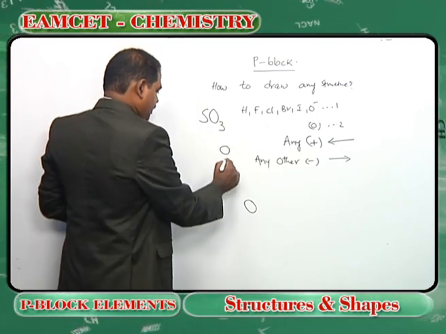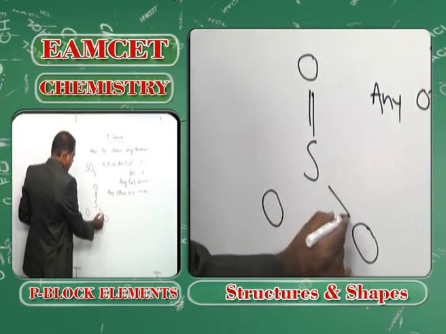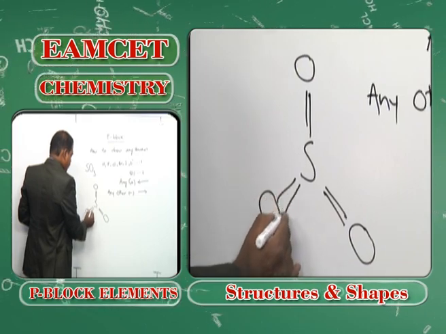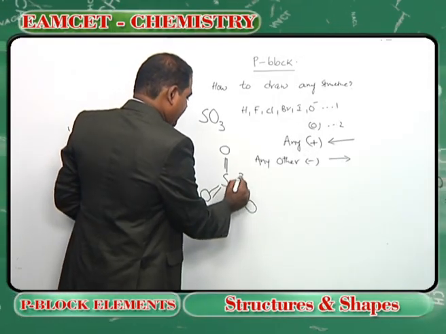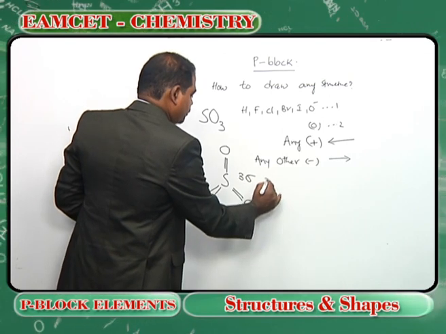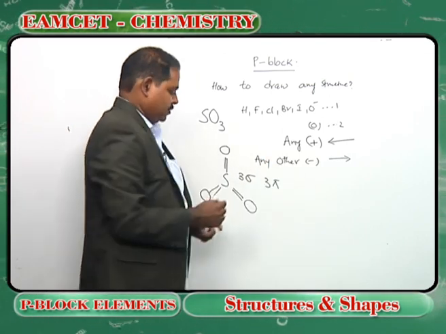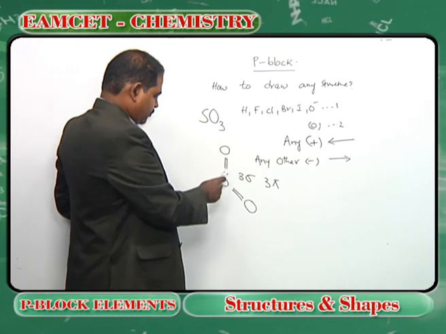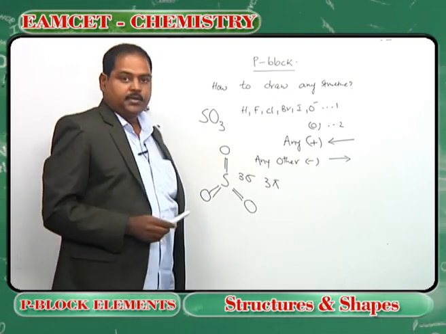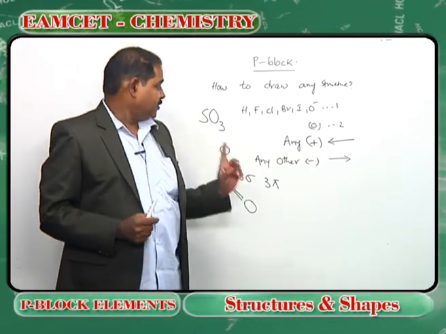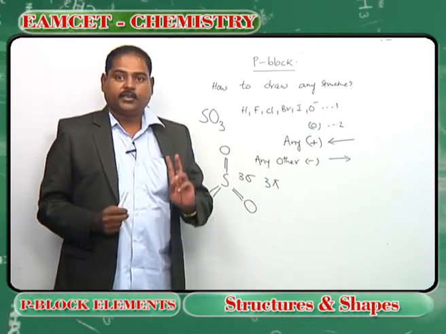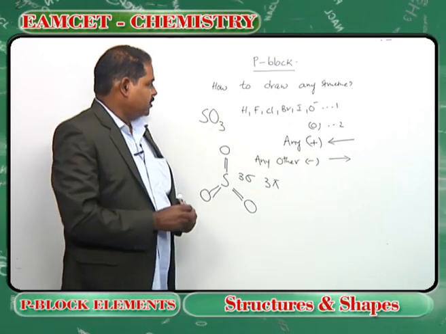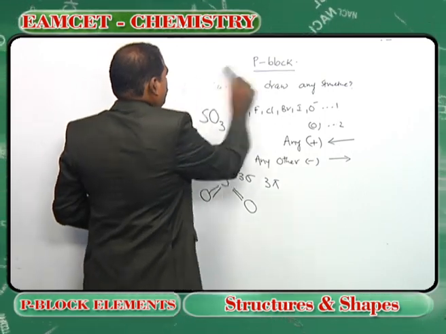Therefore, you have a double bond O, a double bond O, and a double bond O, from which you can conclude that sulfur is forming 3 sigma and 3 pi bonds. Where are the pi bonds? Of course, these 3 are the pi bonds. So, SO3, sulfur in all is forming 6 bonds, 3 of them are sigma and 3 of them are pi. So, this is how you can draw the structure of all molecules.